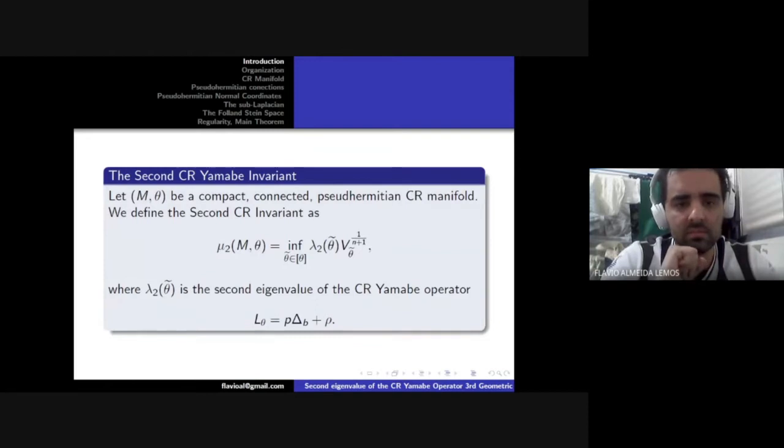We introduce the second CR Yamabe invariant the same way, where lambda 2 is the second eigenvalue of the CR Yamabe operator, where we replace theta with theta tilde.